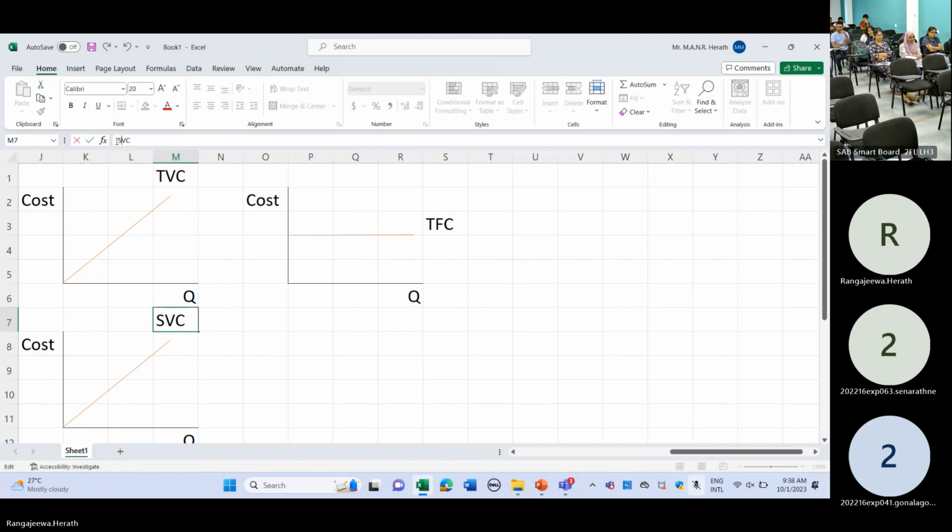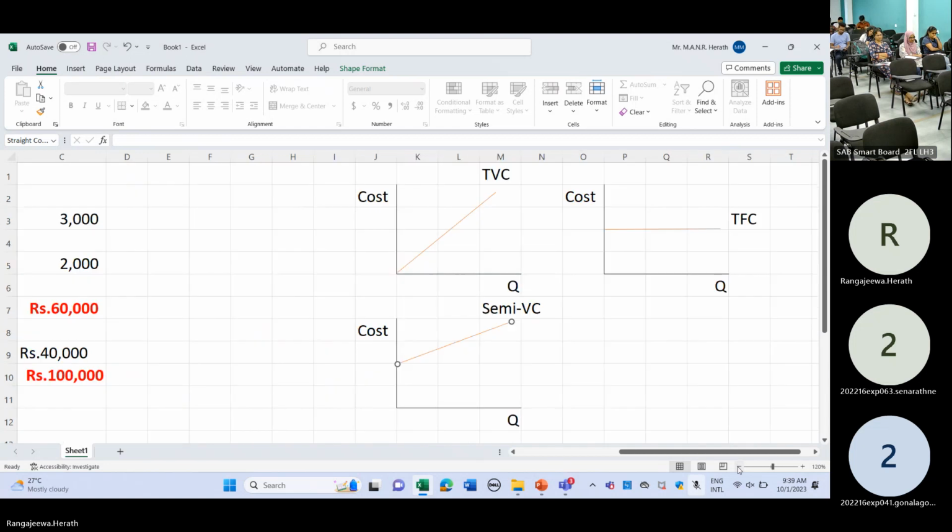Semi-variable cost is something like the electricity bill, like this. It has a fixed component, and then it increases.